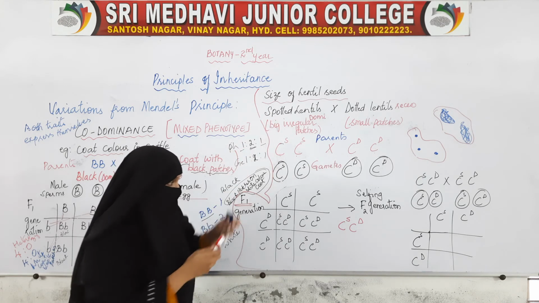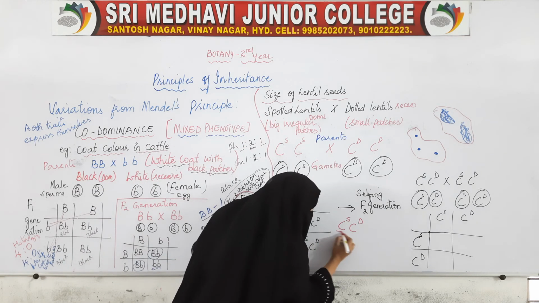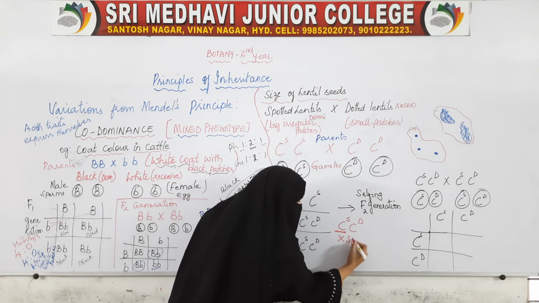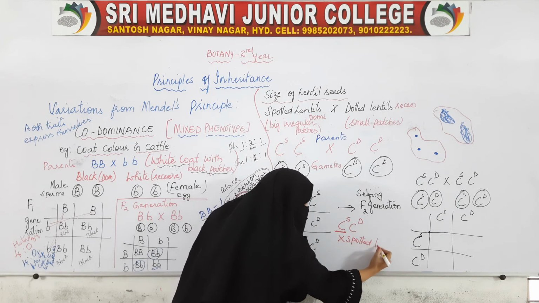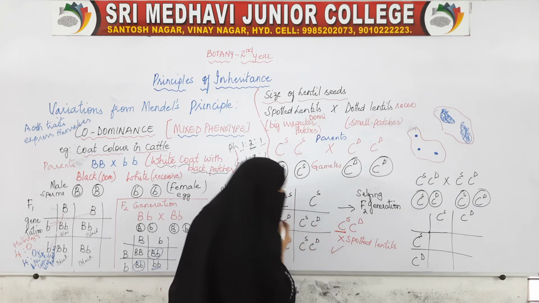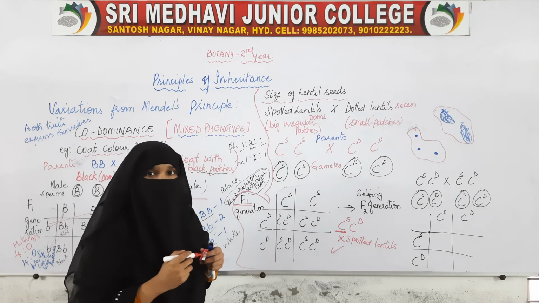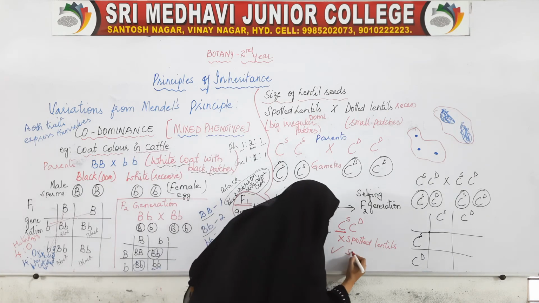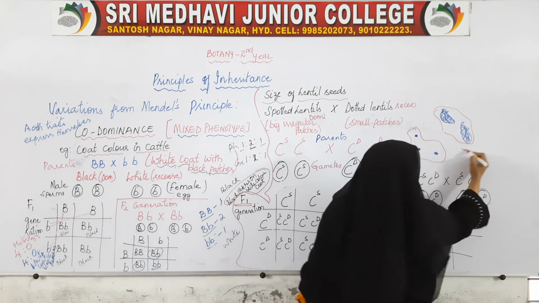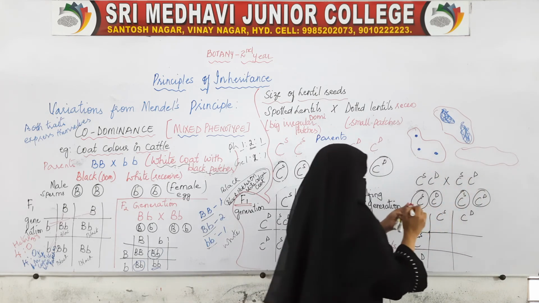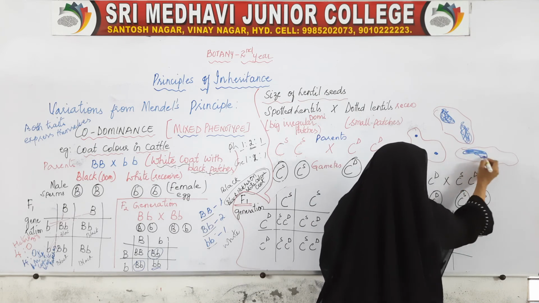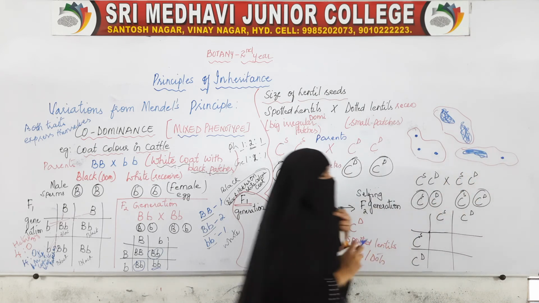But here, even though CS is the dominating gene, we are not getting spotted lentils. Instead we are getting both spots as well as dots. We are getting lentils which show both spots as well as dots.